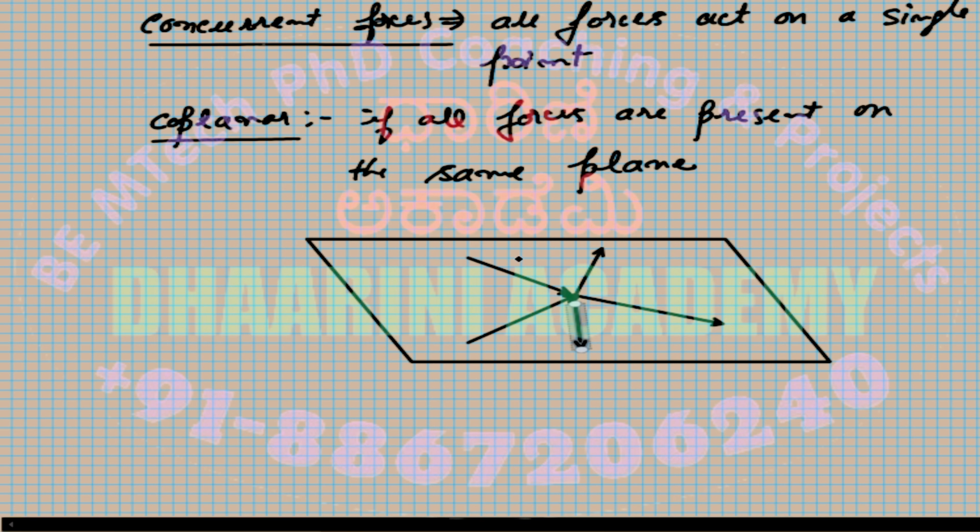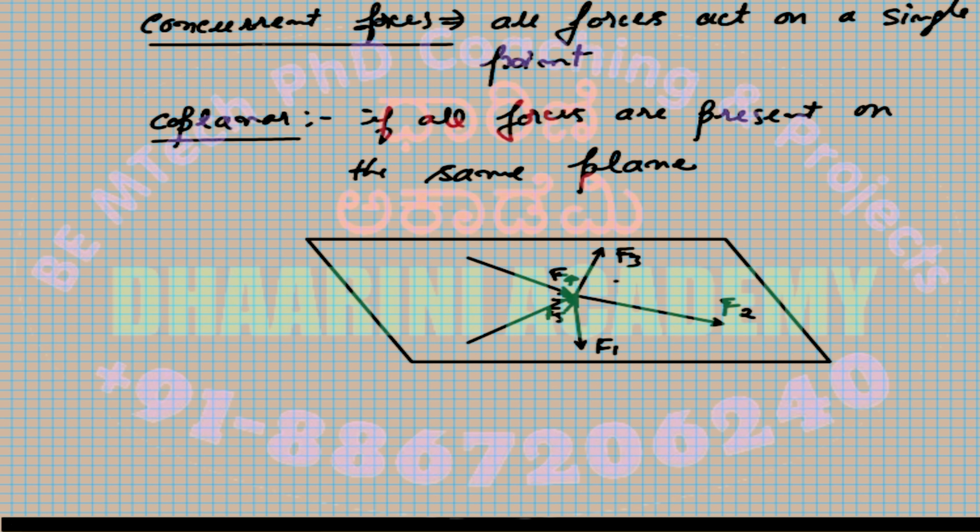Okay, so you can see that all the forces are actually acting on the same point here, and all the forces are present on a given plane: F1, F2, F3. So the head of the force is here, so this is F4, and this is F5. All the forces are on the same plane and all are acting on a common point.